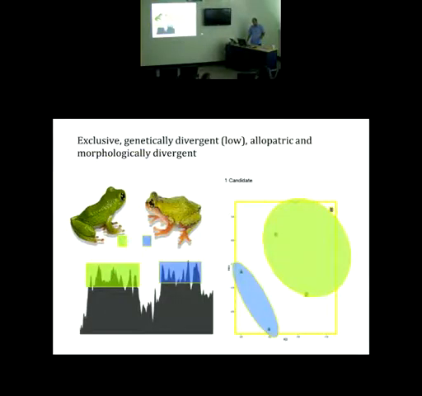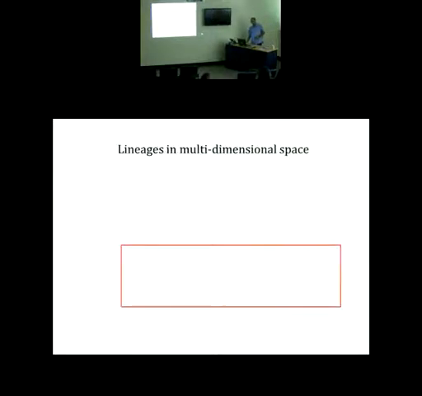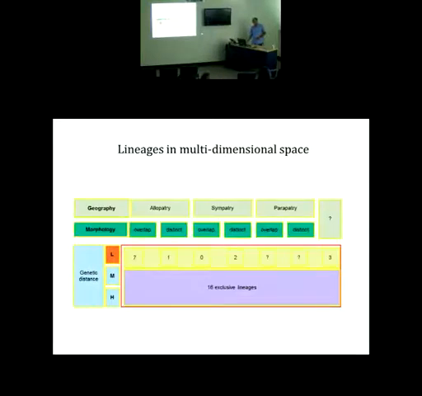We found allopatric and morphologically divergent lineages, genetically divergent sympatric and morphologically divergent lineages. So we got pretty much every combination that one would expect. And if you look at this as a table, if you look at them in space, that is allopatry, sympatry, and parapatry, morphological overlap and lack thereof, genetic distance to various degrees, you have species that fall into almost every one of these categories.